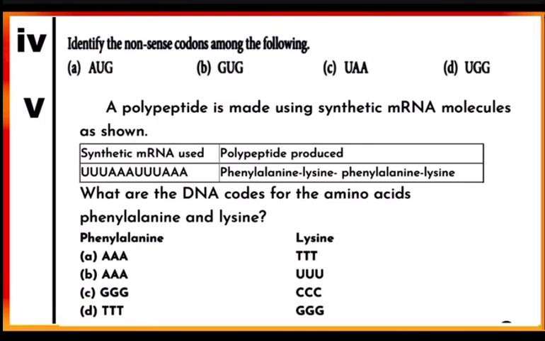See the table. The synthetic messenger RNA used has the sequence UUU, AAA, UUU, AAA, and the polypeptide formed has the amino acid sequence phenylalanine, lysine, phenylalanine, lysine. You have to tell what are the DNA codes for the amino acids. Option A is correct. The triplet codon of phenylalanine UUU will base pair with AAA in the DNA and that of lysine AAA will base pair with TTT. So mark A as a correct answer.